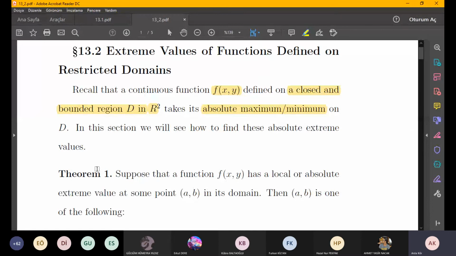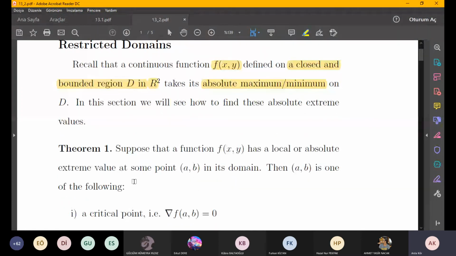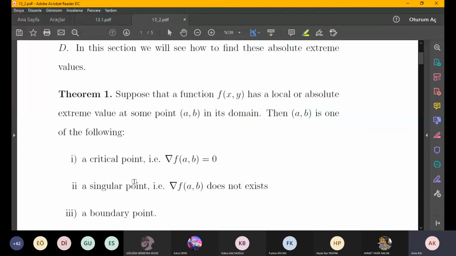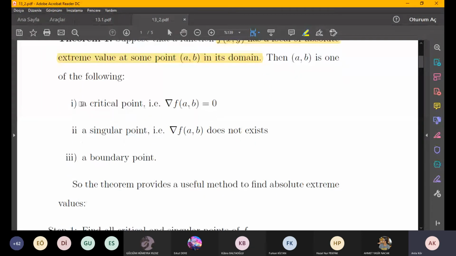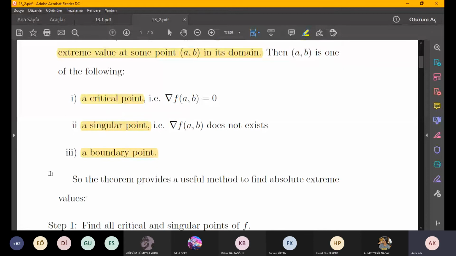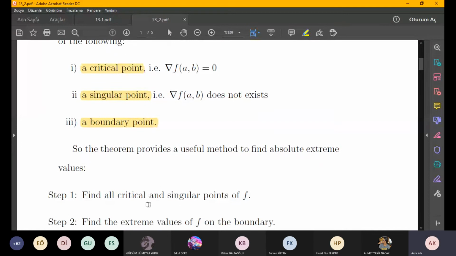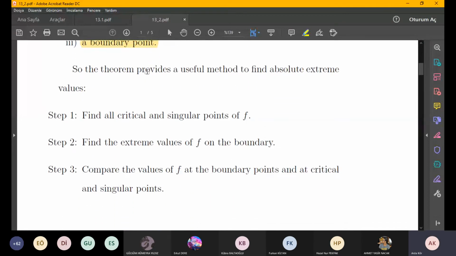where the function f(x,y) has a local or absolute extreme value at point (a,b) in its domain, then (a,b) is one of the following. Let's remind it again: where the critical point is, where the singular point is, and where the boundary point is. Also that theorem we have seen. And the theorem provides a useful method to find absolute extreme values.